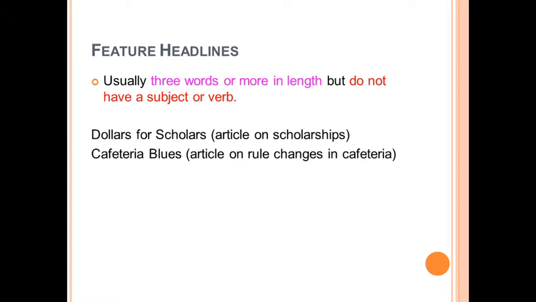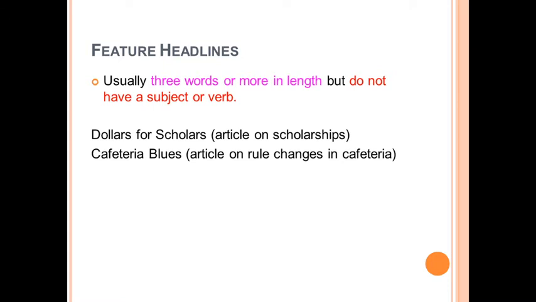Next one is feature headlines. This type of headline consists of only three or four words and it does not have a subject or a verb. See the examples given here. Dollars for scholars. Only three words. Cafeteria blues.